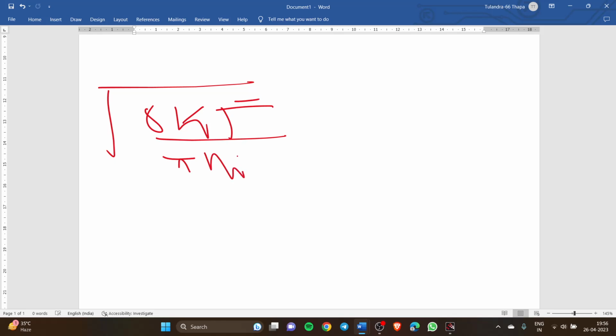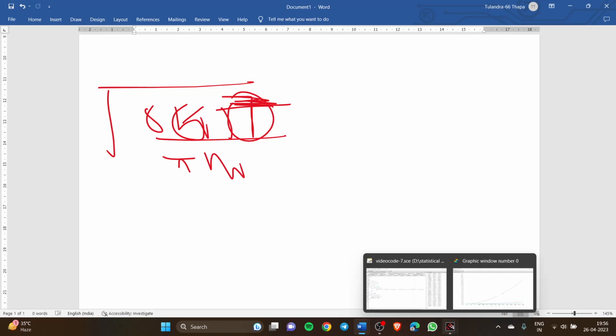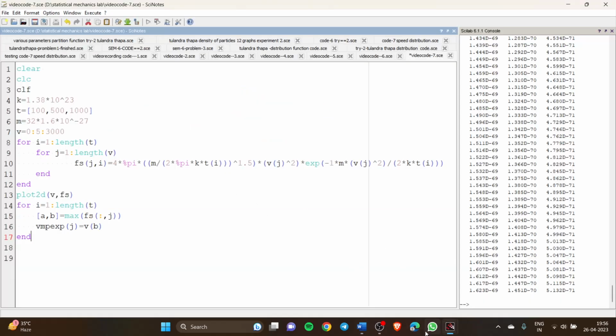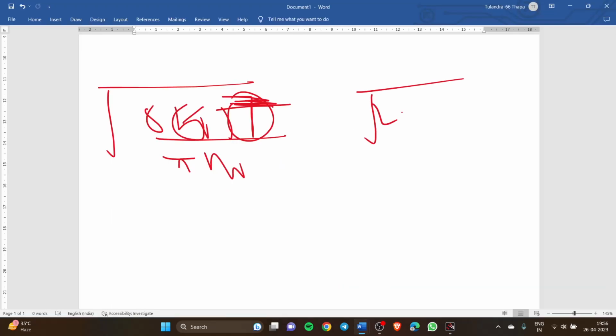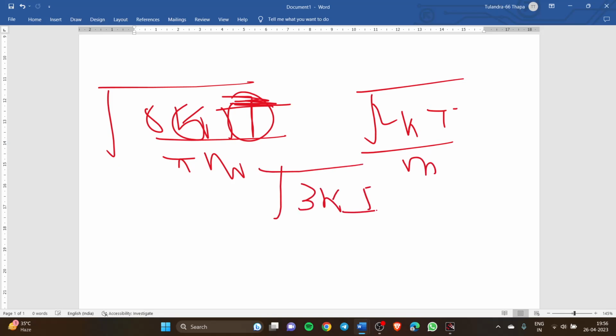We have pi, m, k, and T. For T we have 100, 500 and 1000. You can calculate using this, and we have 2kT upon m as the most probable speed, and 3kT upon m as the root mean square speed.